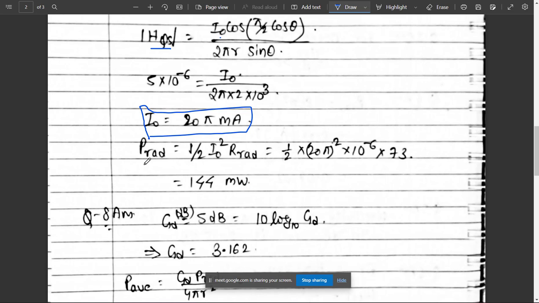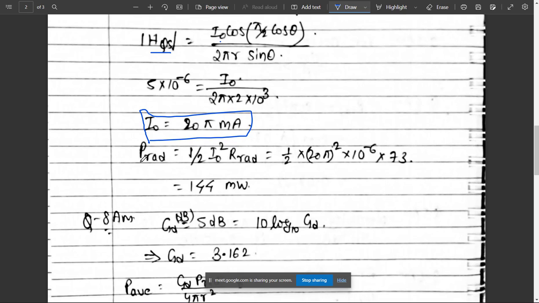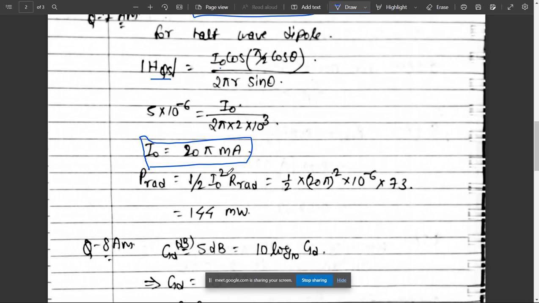Now the power radiated will be half I naught square R radiated. Radiation resistance we knew already, which is 73 ohms. We'll put the other values and we'll get 144 milliwatts power radiated. Do you have any doubt here? No, ma'am. Okay.